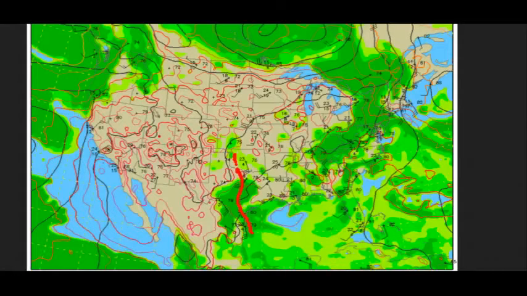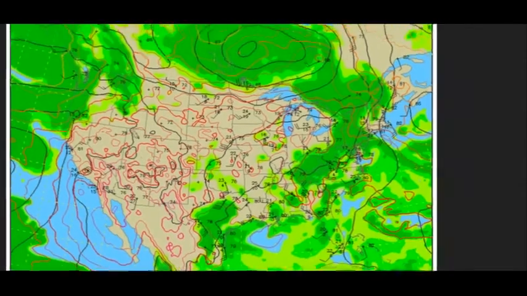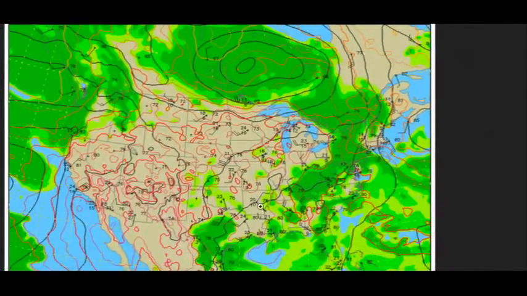And we can also look for fronts. Sometimes outflow boundaries show up at this level. Do we see any? I don't think so. I think maybe our warm front is way up in the Great Lakes area. And for a cold front, I think we have to go all the way to the Dakotas.